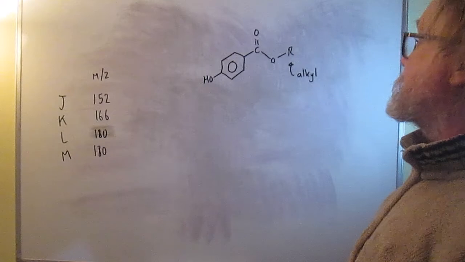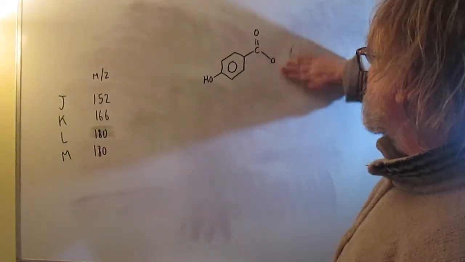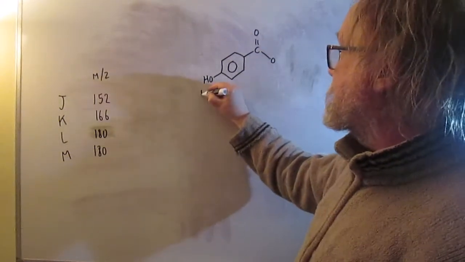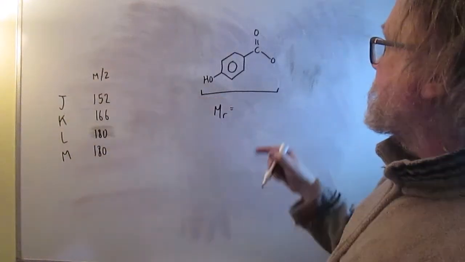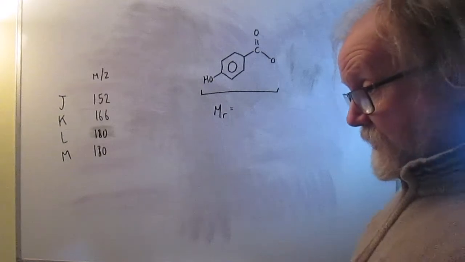So the thing to do is to work out what this bit adds up to, okay, without the R attached. And so you can do that just by counting the atoms. As always, be careful to count the hydrogens. Remember, you don't see them in the skeletal formula, but of course they're there.